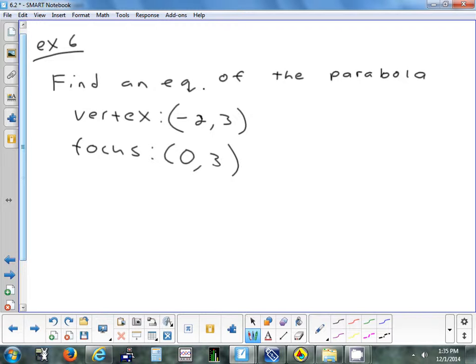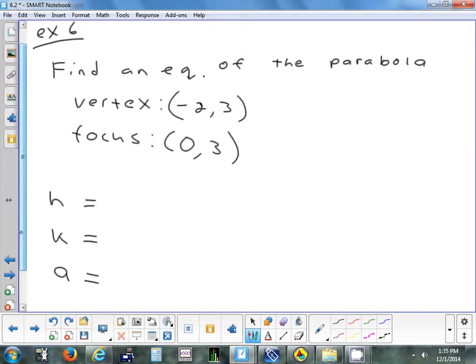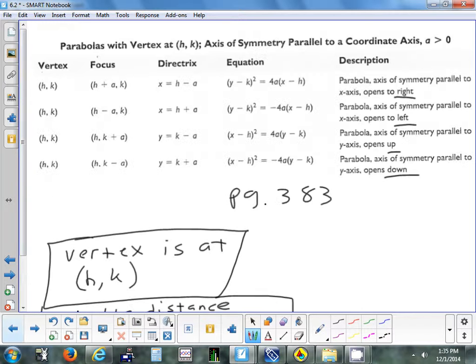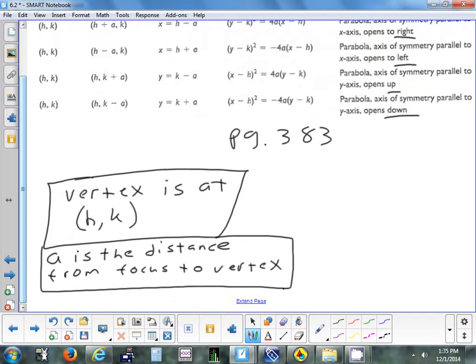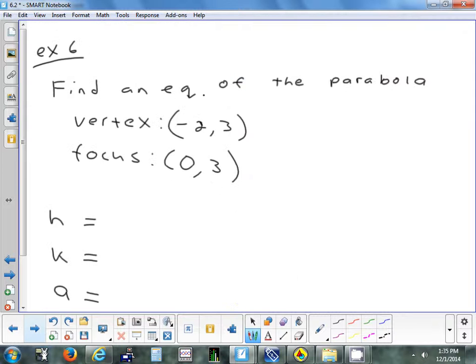What are the 3 letters I need again? Let's write those down. h, k, and a. Are there any letters we know right away? Let's look at a. a is the distance between the focus and the vertex.